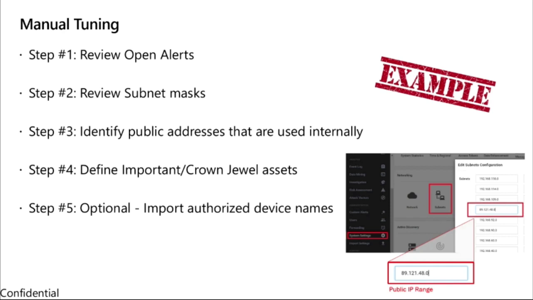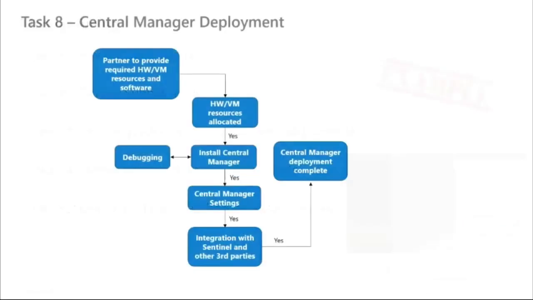Let's mark them and make sure that any attack vector simulation we run takes them into consideration. Import authorized device names. We are also able to match and fine-tune the device names, to download them and upload them in the same path, to give a more accurate picture of the customer's system.